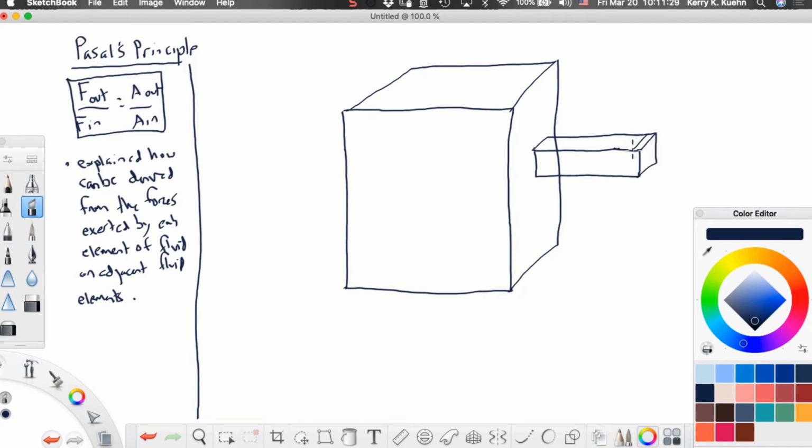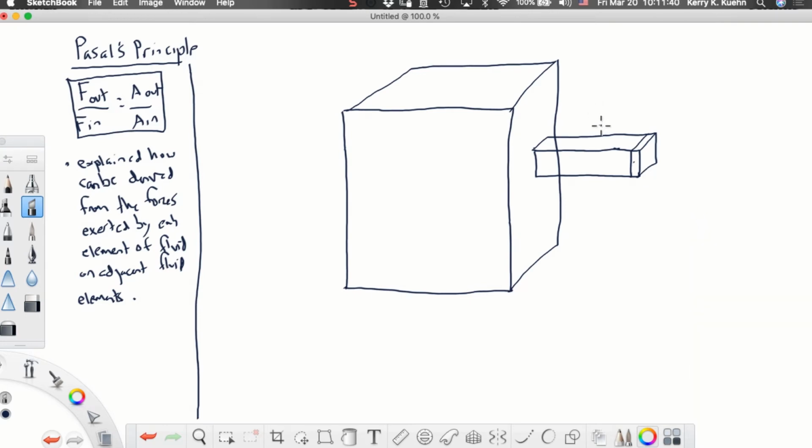And imagine that there is a piston in this side that is able to slide forward and backward. Get rid of this for the moment. So this right here, let's suppose that the cross-sectional area is 1 square inch.